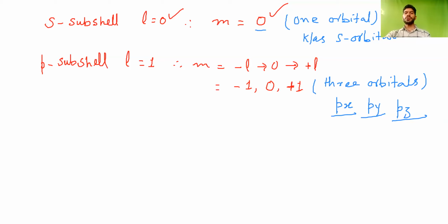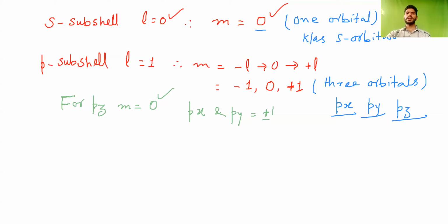Now you have to note down, this is very important, that for pz, the m value is taken as 0. Then we are left with px and py, so they can have either plus 1 or minus 1.